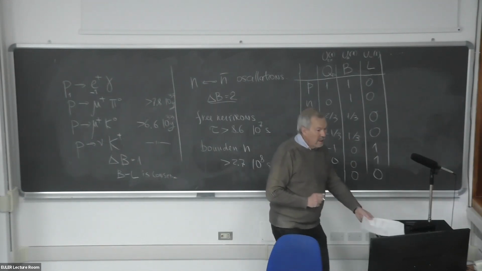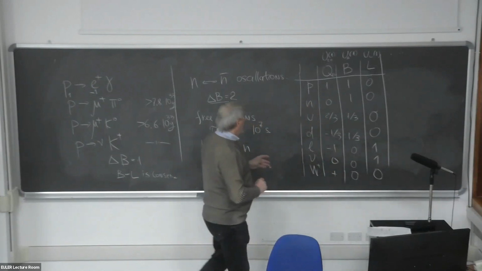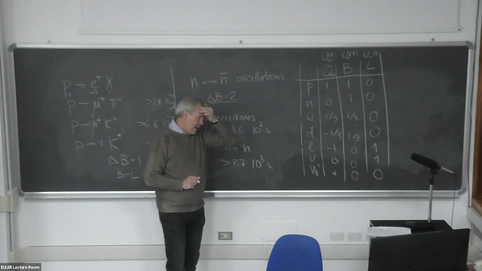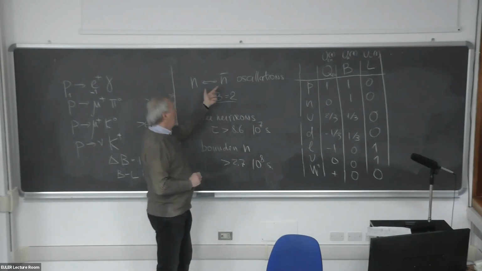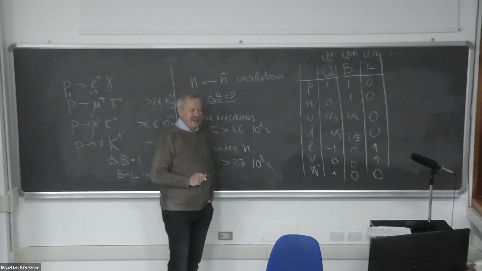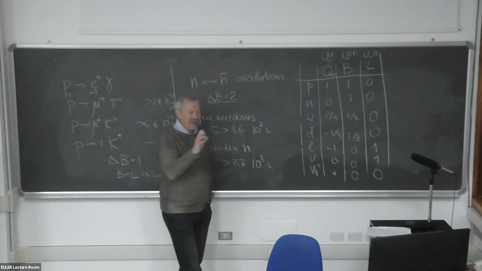And the reason is that this transition depends on the mass difference of neutron and antineutron. More precisely, the mass eigenstates, because if you have such a transition, neutron and antineutron are not the states with definite masses. This is common for all these kinds of stories with mixing.